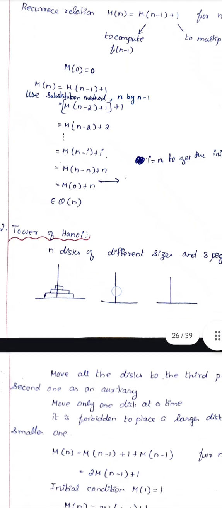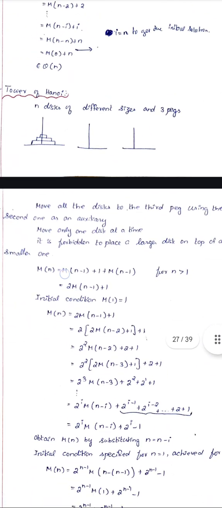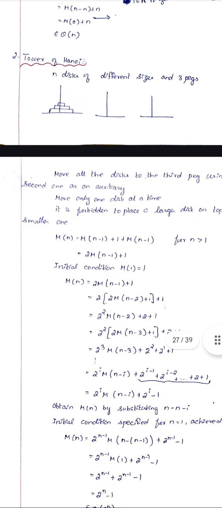Then the Tower of Hanoi: n discs of different sizes and 3 pegs are there. Move all discs to the third peg. First will be moving m of n minus 1 plus 1 plus m of n minus 1. We mostly use it as 2m of n minus 1 plus 1.